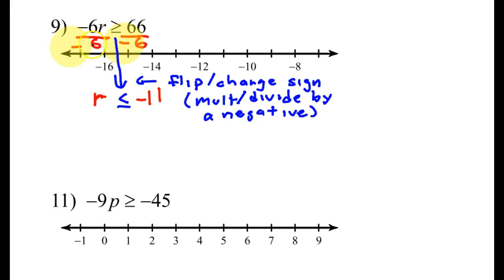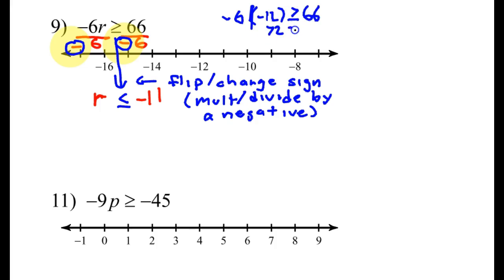So we started at a greater than, we divided by a -6, but then we try to check our work with anything bigger than -11, and nothing checks out. If we take something like less than -11, like we plug in -12, that'd be -6 times -12, which is 72, which is definitely bigger than 66.